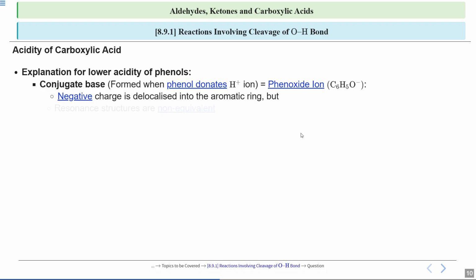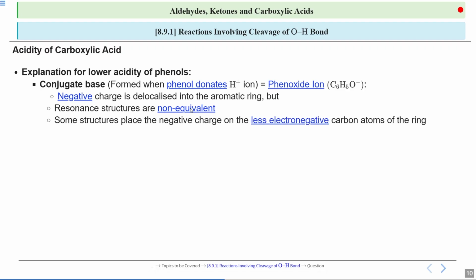But there is some problem. The resonance structures of the phenoxide ion are non-equivalent. This means the way that the negative charge is distributed is not uniform, and that affects the stability of the ion. When you see the resonance structures, they place the negative charge on the carbon atoms, and these carbon atoms are less electronegative than oxygen.